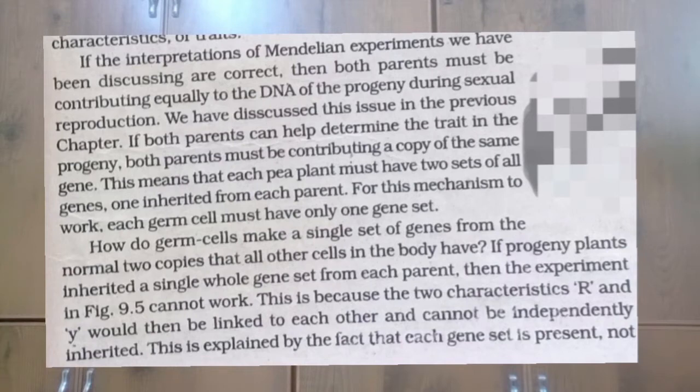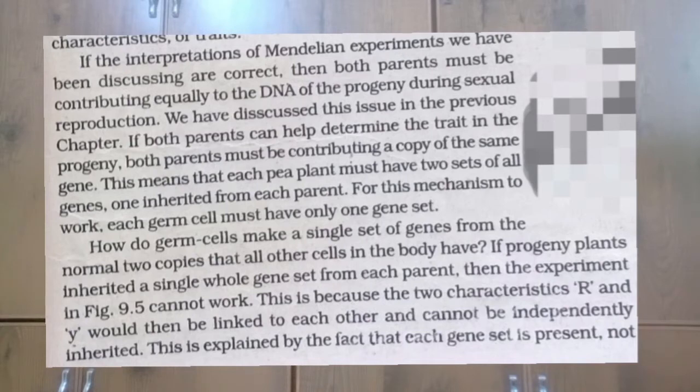If both parents help determine the trait in the progeny, both parents must be contributing a copy of the same gene. This means that each pea plant must have two sets of all the genes, one inherited from each parent. For this mechanism to work, each germ cell must have only one gene set.